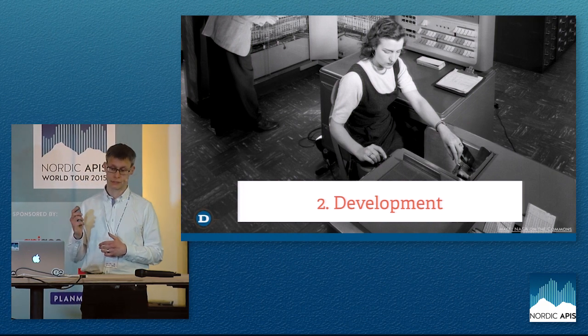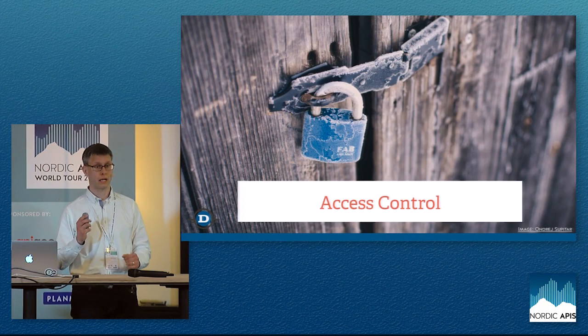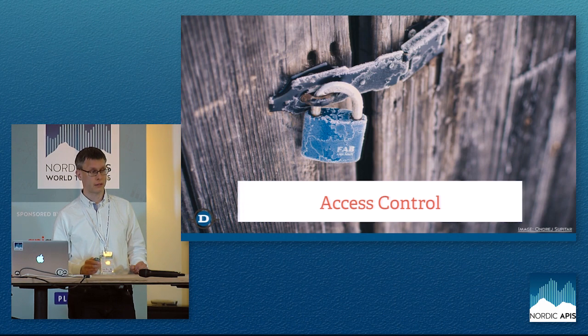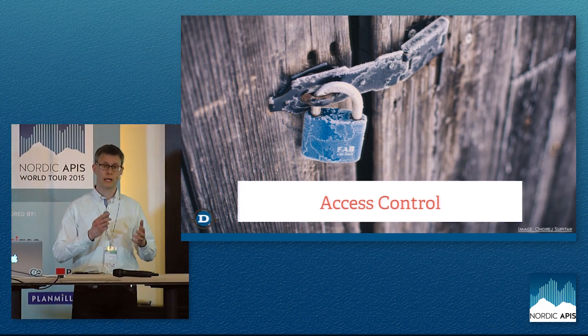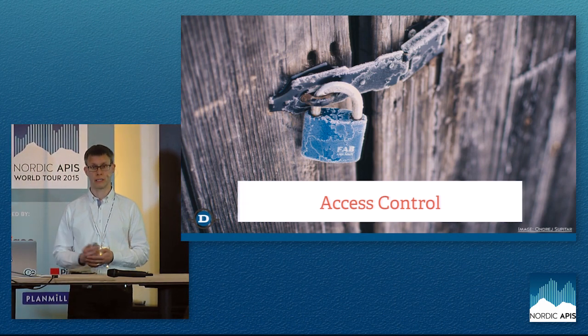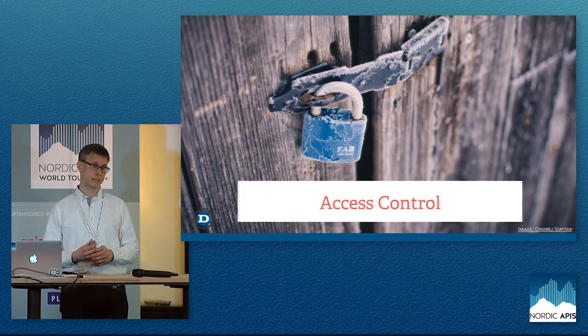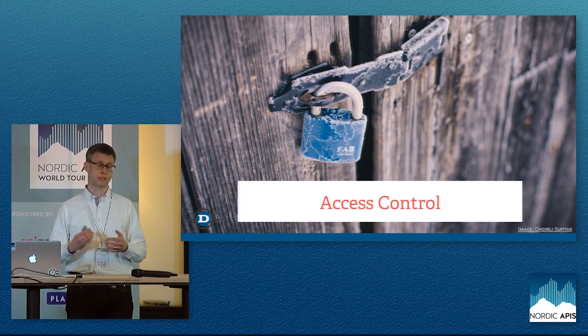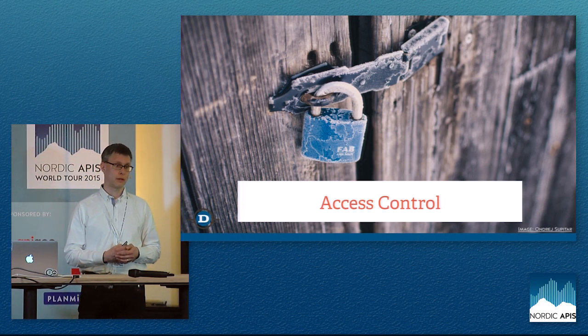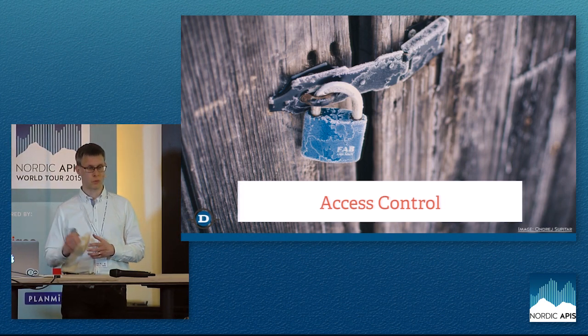The first one is access control. You will hear a lot more about this later today, but it's basically who has the right to do what with our API. How do we authorize people? How do we authenticate people? And here come technologies like OAuth, and API keys is one tool you can use here.